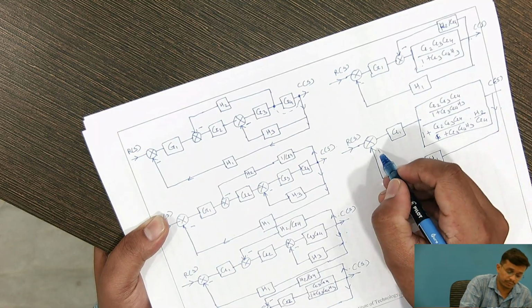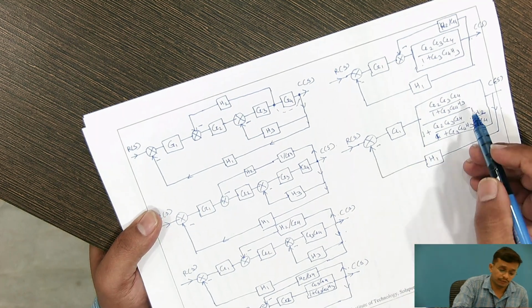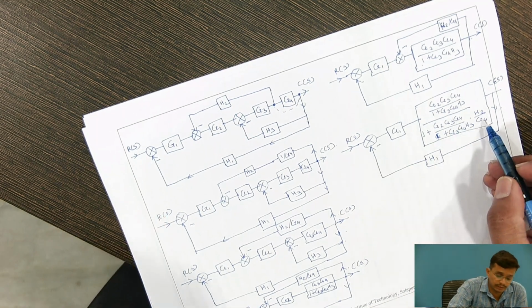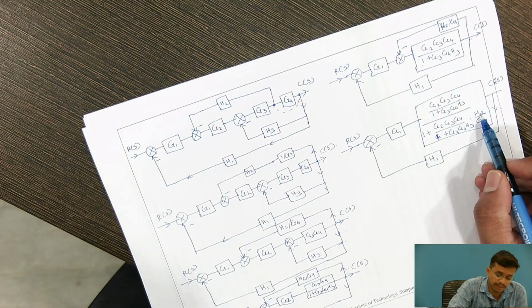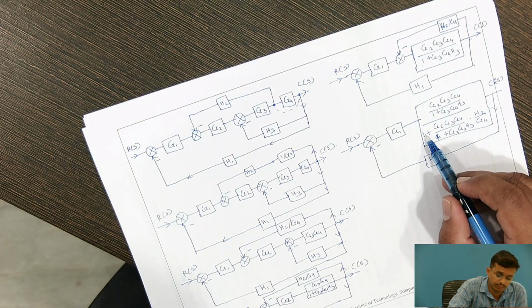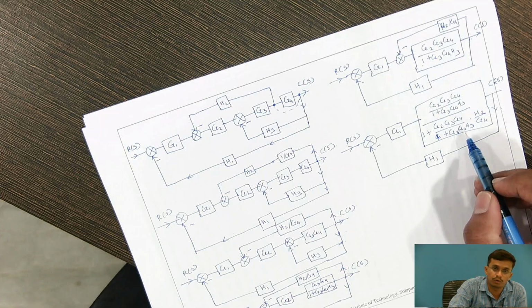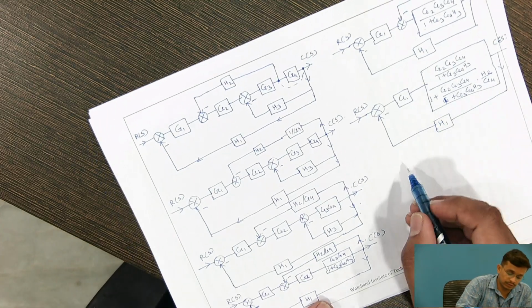So this feedback loop will remain the same. After simplifying this, we will cancel G4 here, multiply by H2, take the cross multiplication and cancel both denominators. So after solving this, what will we get?